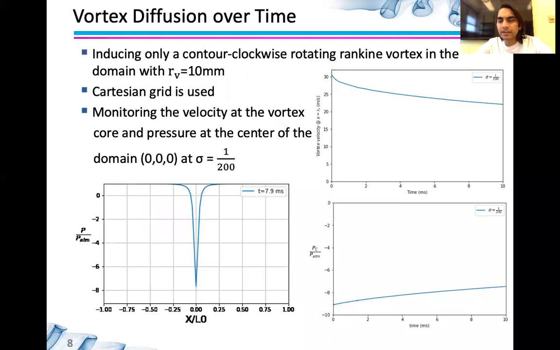But before we actually place the bubble in the simulation domain, we have to first measure if the vortex defined can diffuse over time correctly or not. So here, the vortex velocity at the radius of the vortex is plotted, and it's seen that the velocity over 10 milliseconds reduces by about 80% for the different cavitation numbers that we ran.